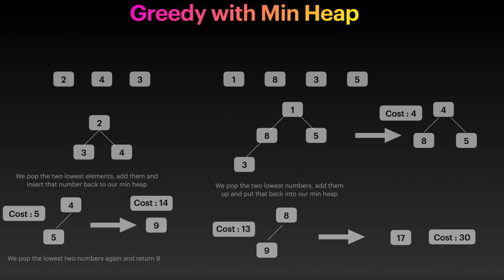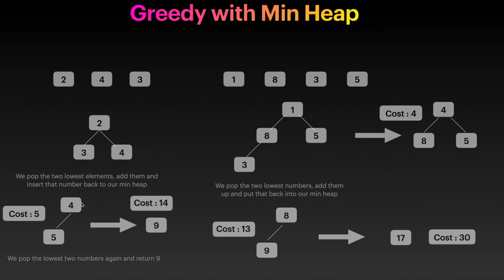The first one we have sticks 2, 4, and 3. We pop the two lowest numbers, so there will be 2 and 3. You add them, there will be 5, and that will be our cost. So our cost will be 5, and then you put that 5, that's 2 plus 3, back into our queue, our array.